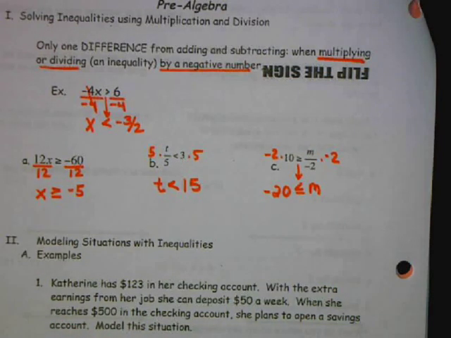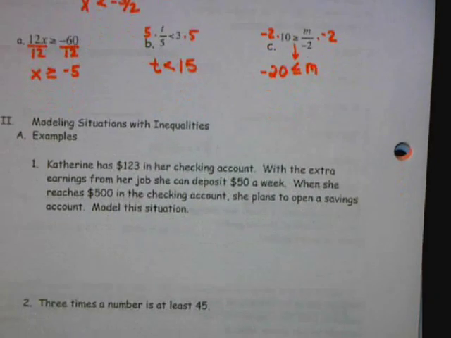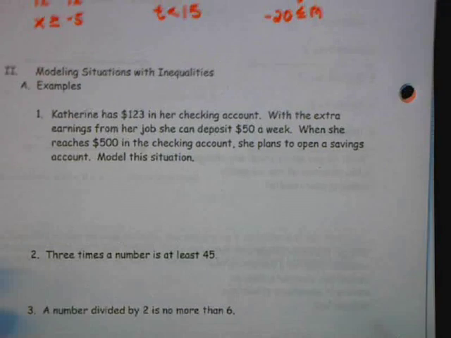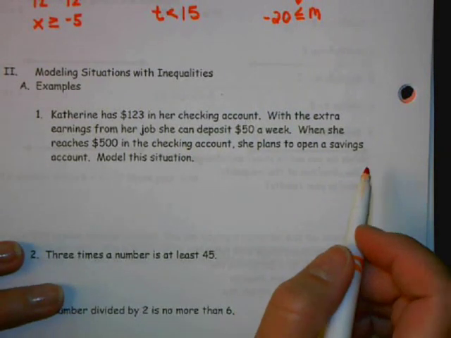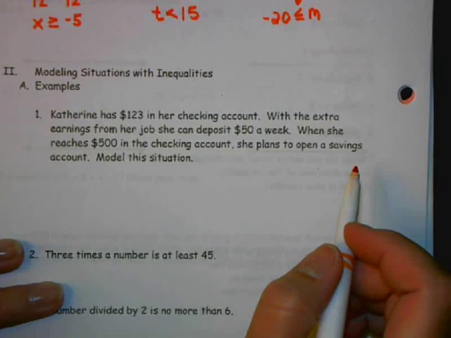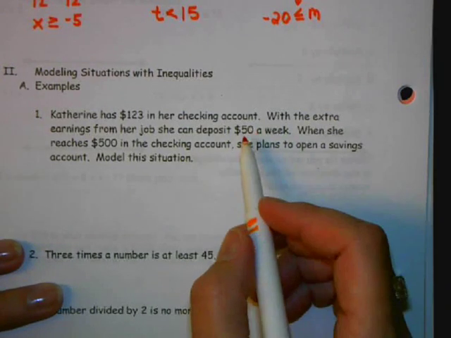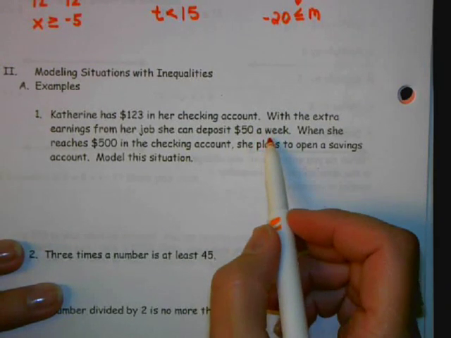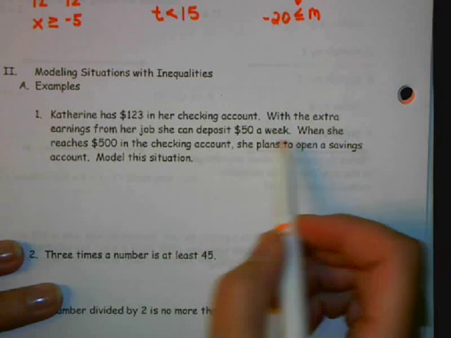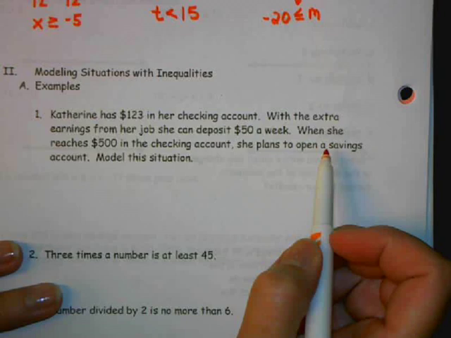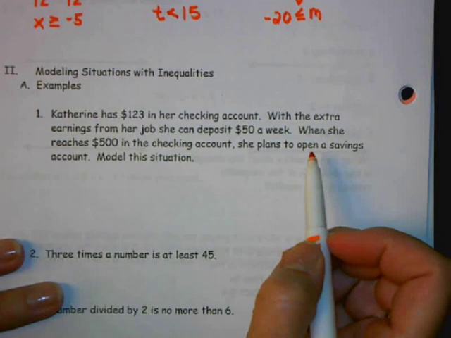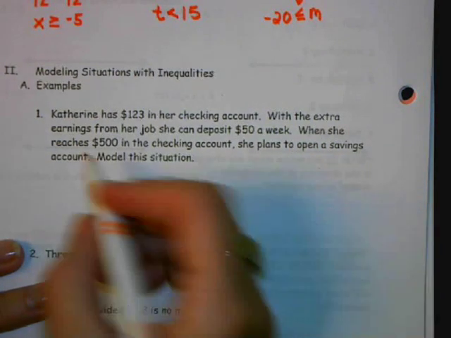Now, let's look at some examples of word problems and phrases that require inequalities in their solutions. So here's an example. Catherine has $123 in her checking account. With the extra earnings from her job, she can deposit $50 per week. When she reaches $500 in the checking account, she plans to open a savings account. And we need to model this situation. So let's see.